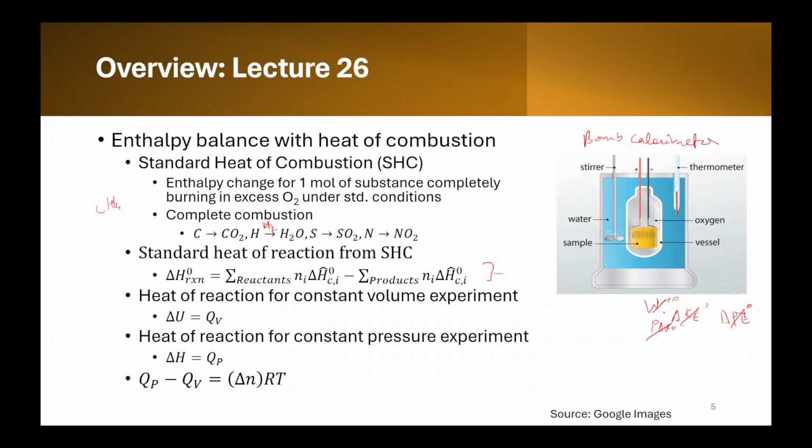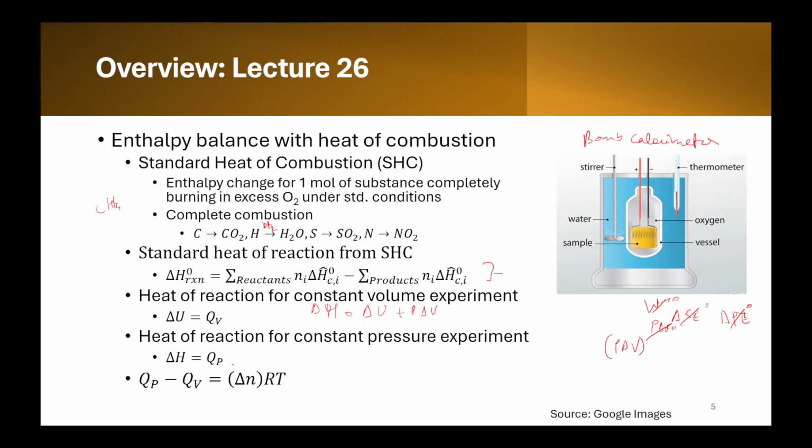There the P delta V term will be there, so delta H is delta U plus P delta V. That term comes into the picture, and that's how you get delta H is equal to QP.